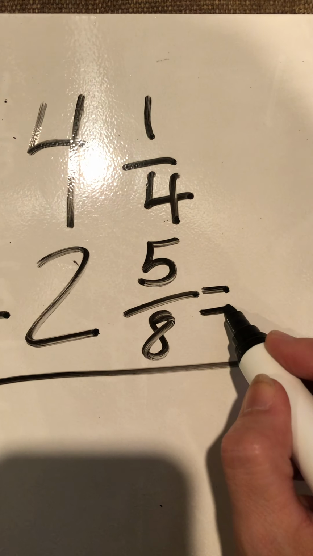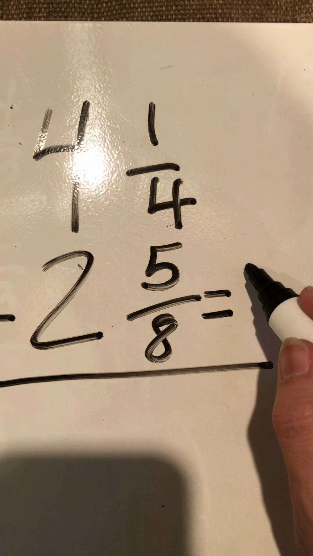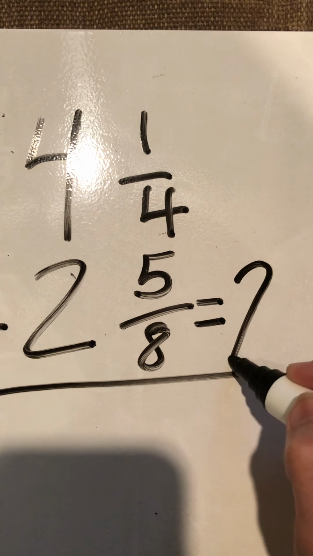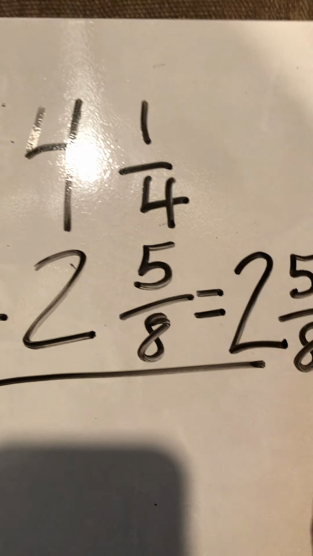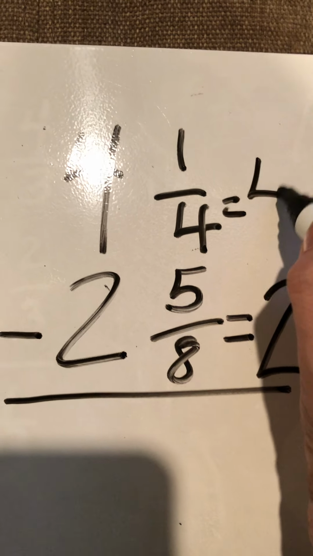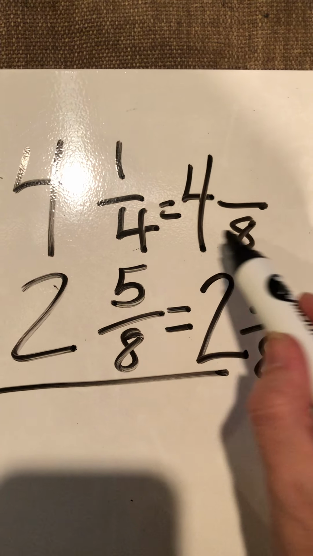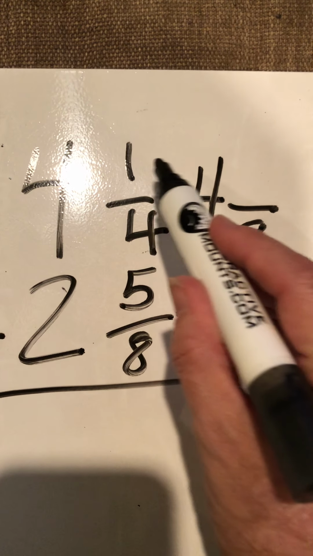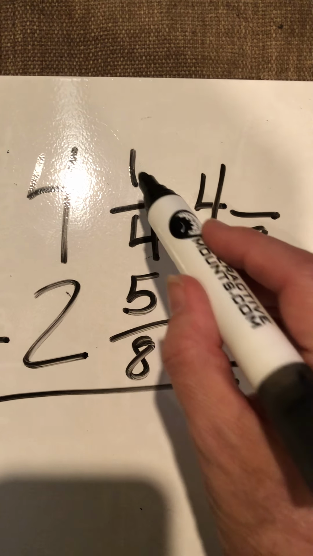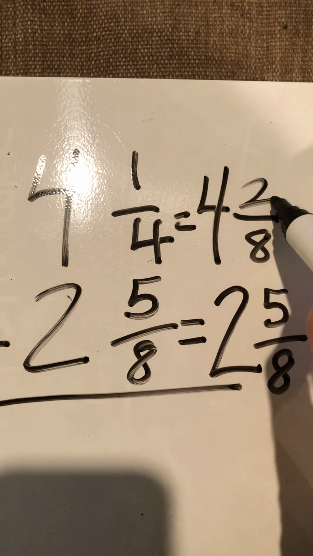So this one is 2 5/8 still, and this one I'm going to change to whatever I do to the 4, do to the 1. 4 times 2 is 8, so 1 times 2 is 2.